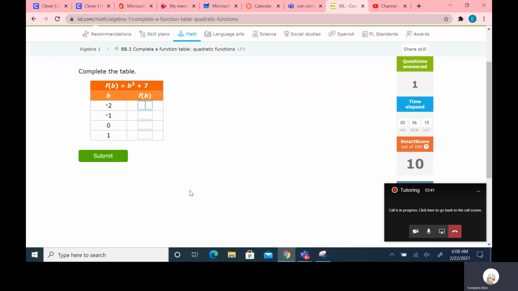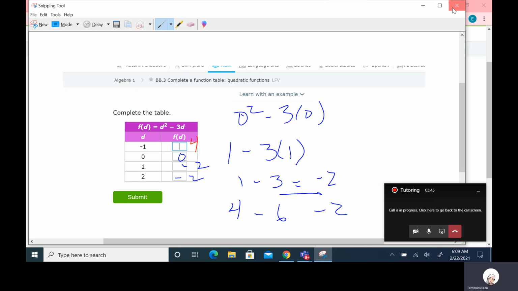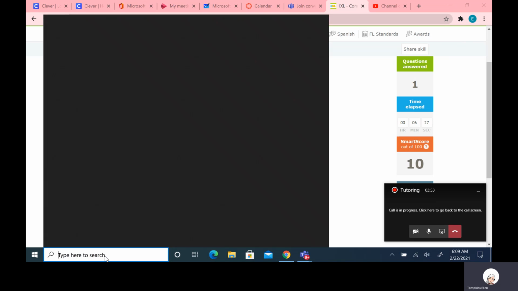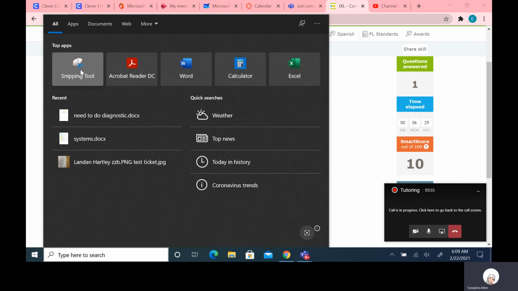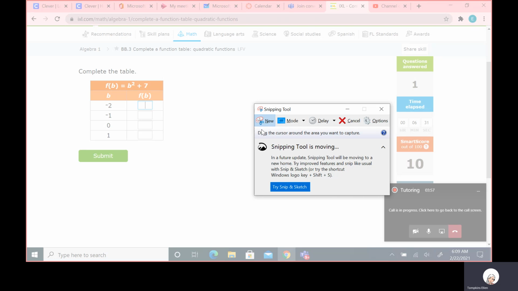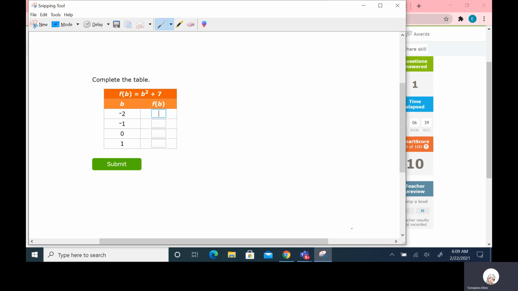Looking at this one, we're going to go ahead and snip that as well, and work it out for you. This one we've got b squared plus 7, and it gets tricky when you have the positive and negative numbers.